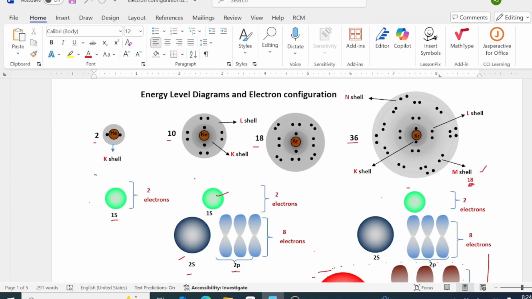Neon also has a 1s orbital that is found in its K shell, along with a bigger s orbital that is called a 2s orbital, as well as 3 dumbbell-shaped orbitals that are called the 2p orbitals. And these here comprise the L shell.